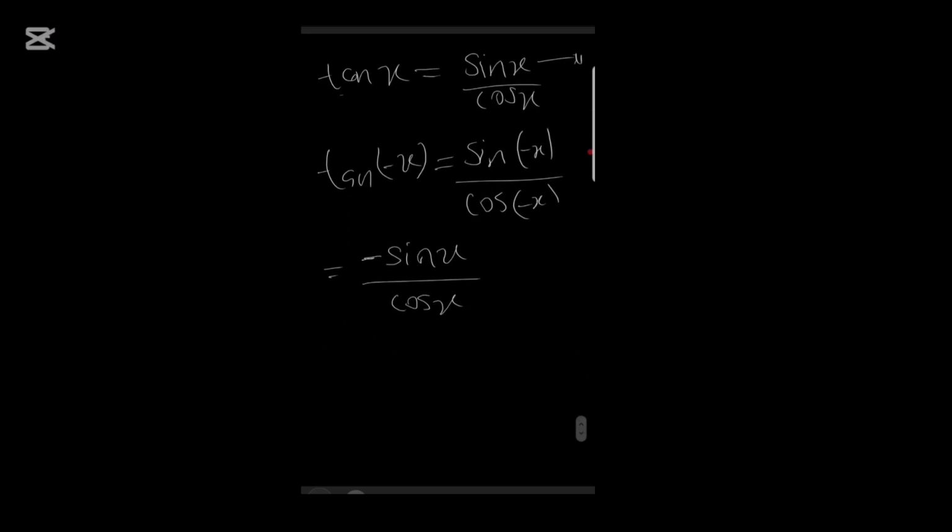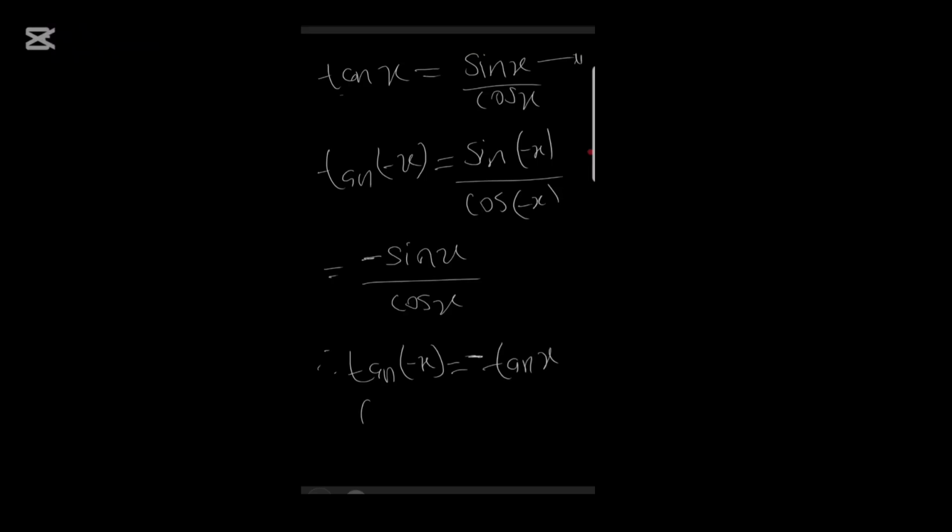And as we can see, therefore tan of minus x is equal to minus sine x over cos x. From equation 1 above, we see that sine x over cos x is tan x, so I'll just say minus tan x.